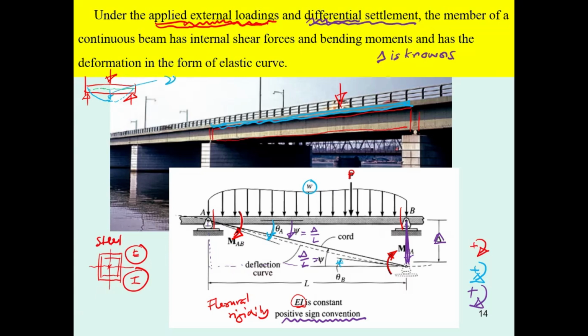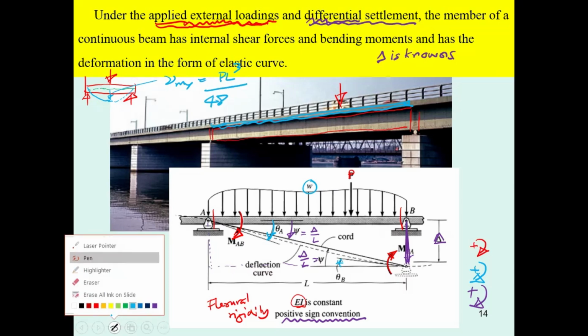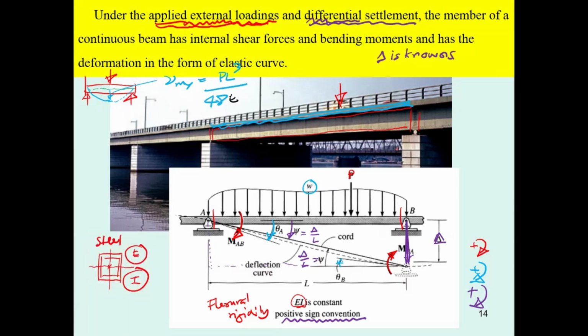This one is going to be v max, equal to PL cubed over 48 times EI. If EI is large, you will see the deflection is going to be small. That's the property of the flexural rigidity.